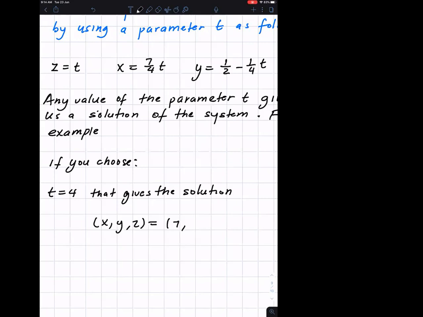Y is going to be 1 over 2 minus 1 over 4 multiplied by 4. Cancel, 1. 1 half minus 1 is minus half. And then z is going to be just 4.